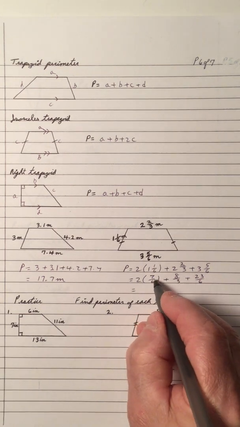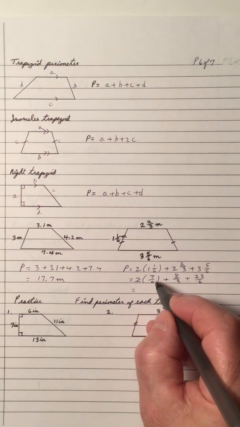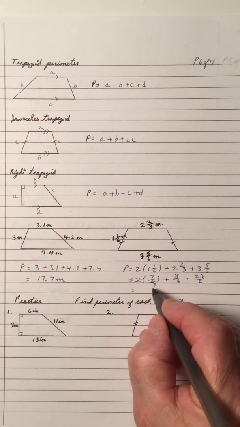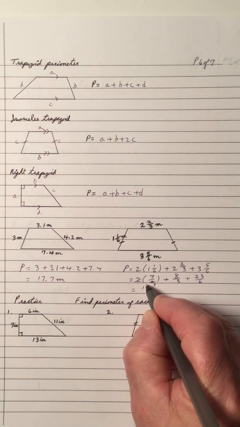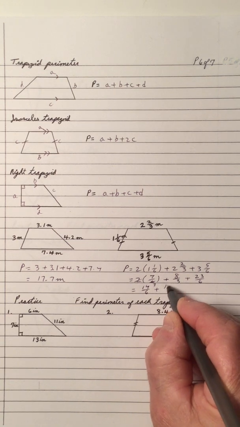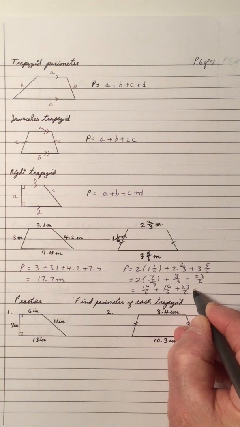I've got to multiply it by 2, so I can cancel here and get a 3, right? So the common denominator is 6, so I multiply by 2/2, so it's 14/6. Multiply by 2/2, I get 16/6, and 23/6.